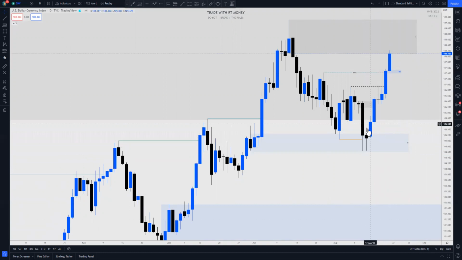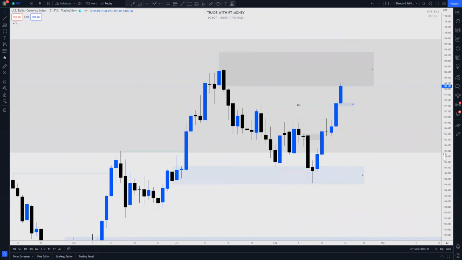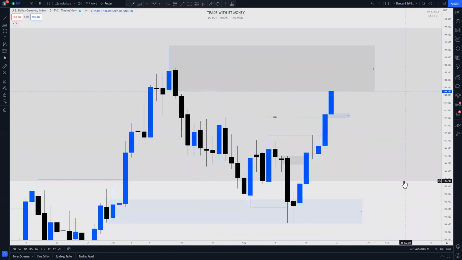So you got the very best price for buys here. And this daily demand zone held and pushed price up. That's great. You see the internal break of structure to the upside, indicating further bullishness to come. So everything's looking bullish.